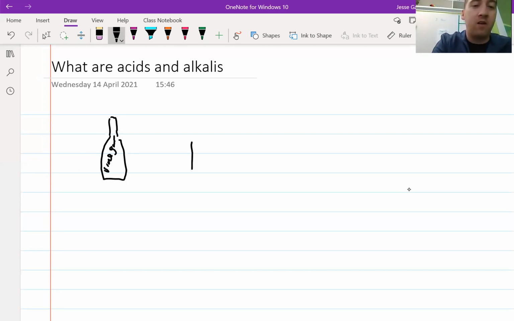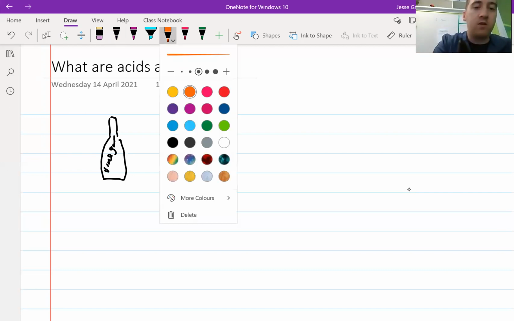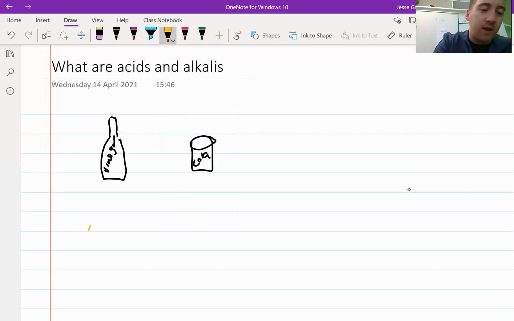This can of Coca-Cola is another example of an acid. Here are some fruits. We've got things like lemons. That's not a great lemon, but you get the idea. And we also have things like oranges. These are examples of everyday acids. They have acids in them.